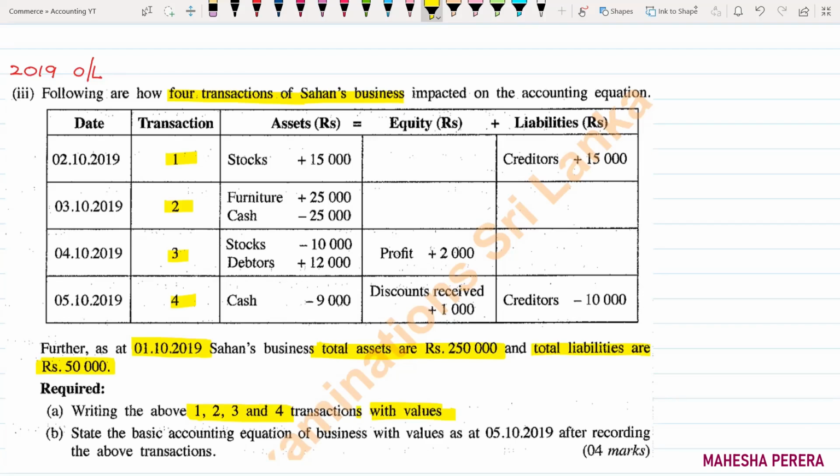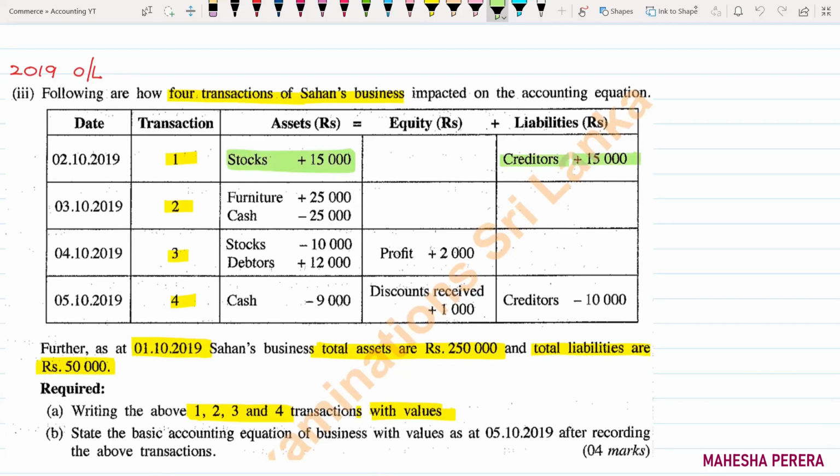Right. So let's find out the transactions. We need to identify the transaction by using the impacts given. The first transaction's impacts are stock plus 15,000. This means the value of stock increases by 15,000 rupees. Assets increase, right? And liabilities also increase, and this liability is creditors. So what should this transaction be?